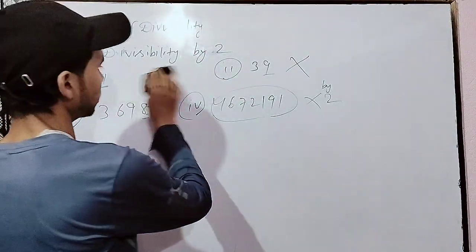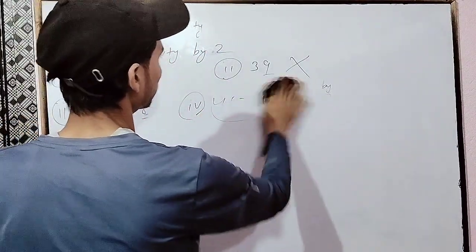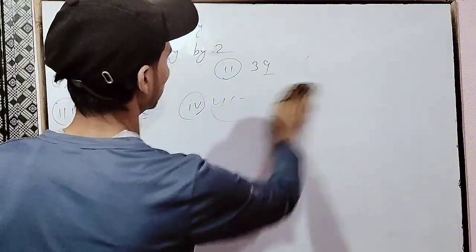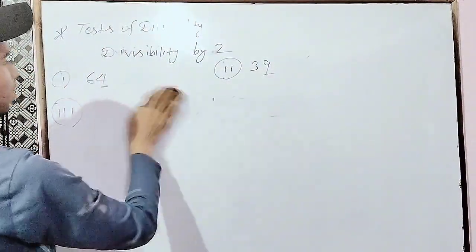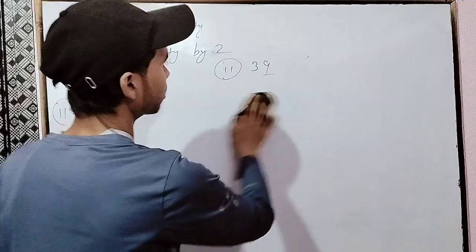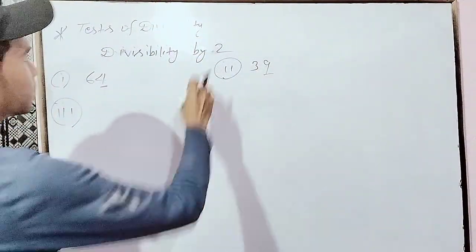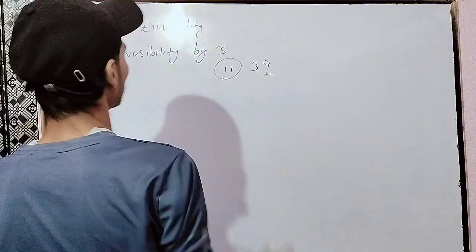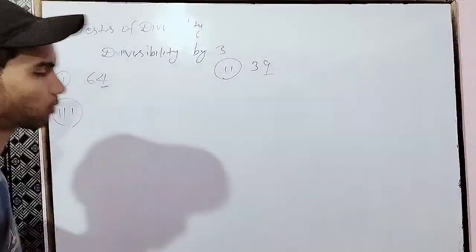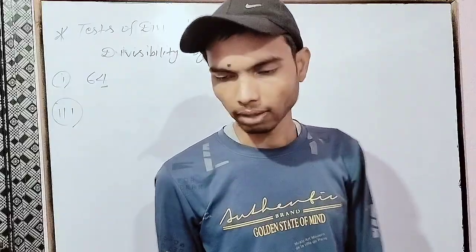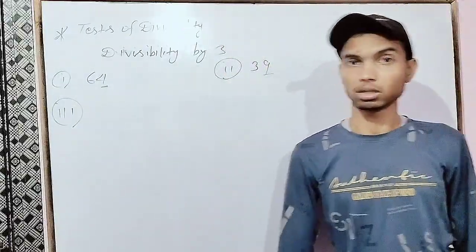Divisibility by 3. In the case of divisibility by 3, what will happen? We have a given number, 64.